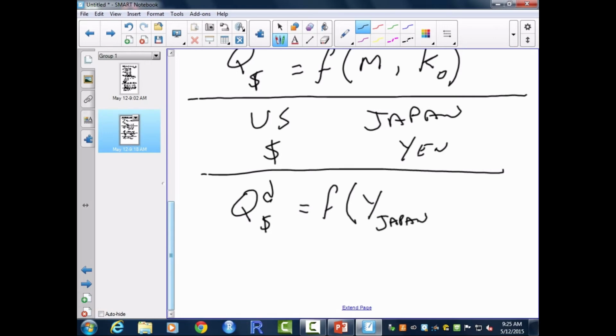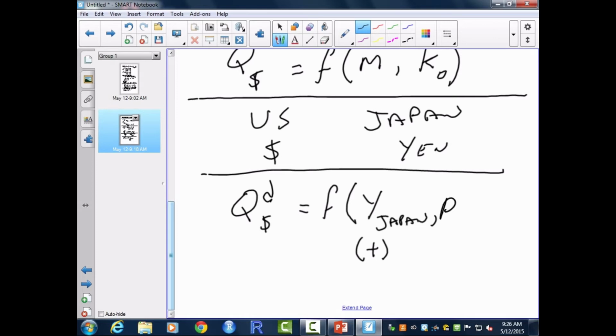If their income goes up, they want to buy more stuff, including more stuff from the US. In order to buy more stuff from the US, they have to demand dollar in the currency market. So demand for dollar will go up. So there is a relationship between Japanese income and quantity demanded for dollar, and that relationship is positive.